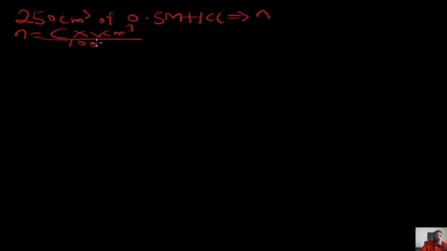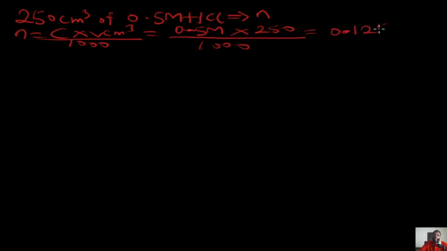But if it was in dm cube, we'll not need to divide by 1000. Hence, this is going to be 0.5 molarity multiplied by 250 divided by 1000. And when you do this, you are going to have 0.125 as your number of moles. So this is better to solve with than with these two, so it would avoid confusion.